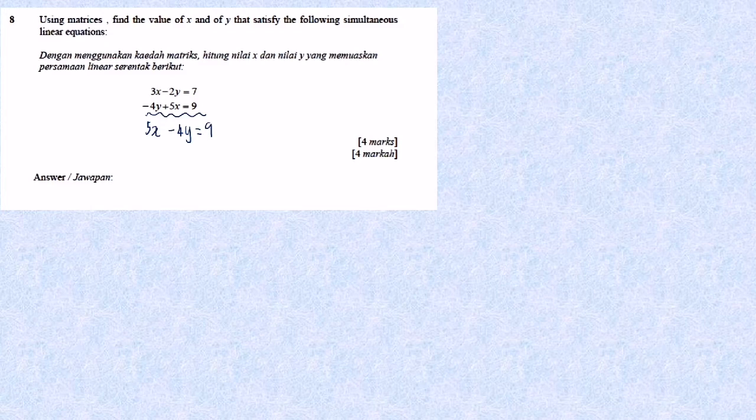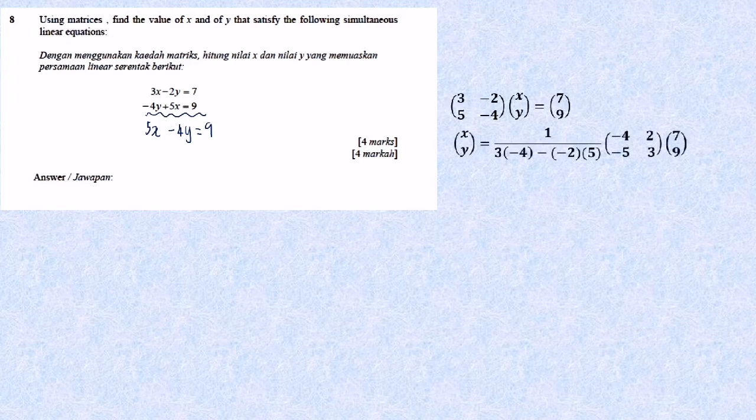Okay, so now we write the matrix equation. 3, negative 2, 5, negative 4, times x, y equals 7, 9. This matrix we move over to the right hand side, it will become the inverse matrix.